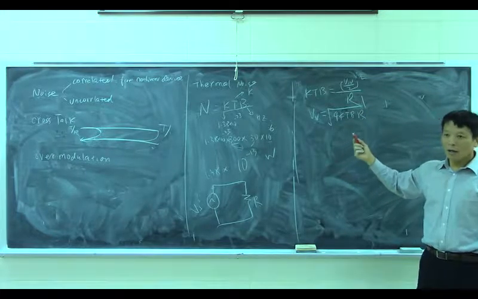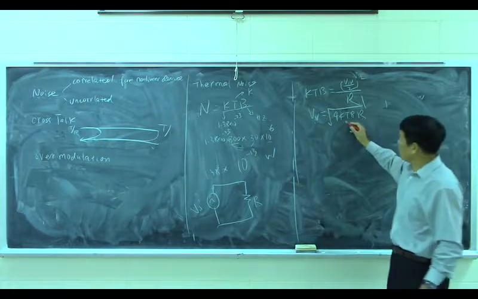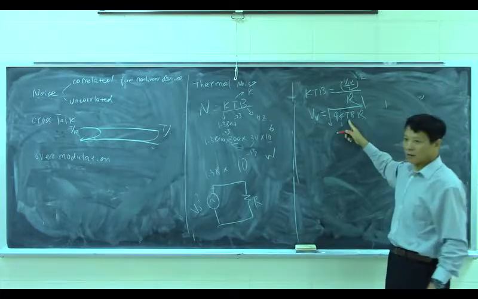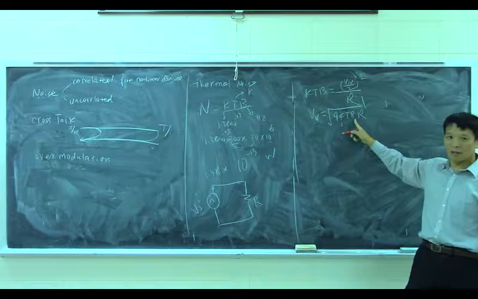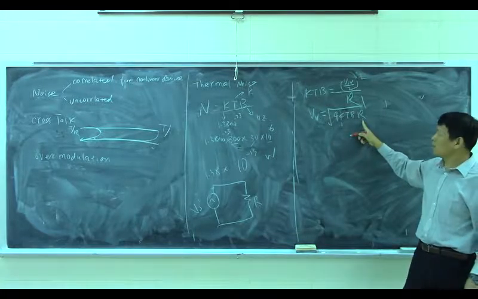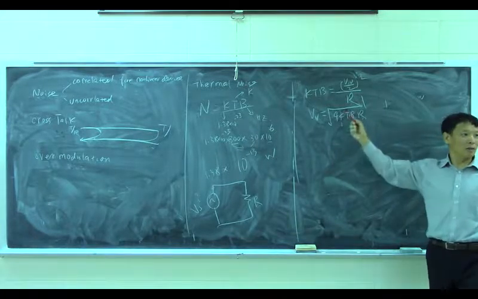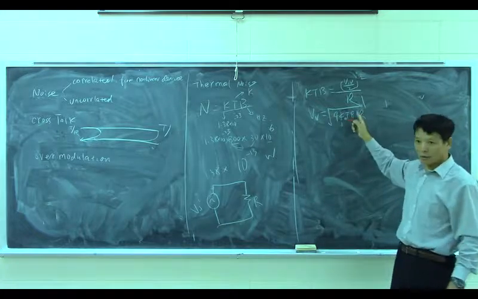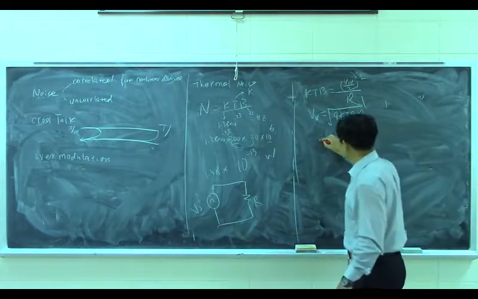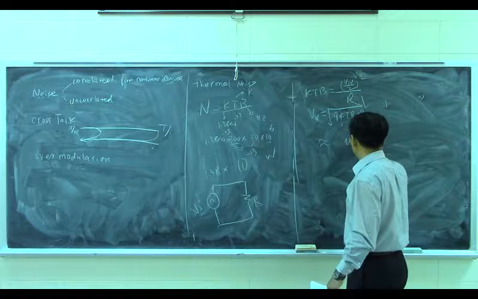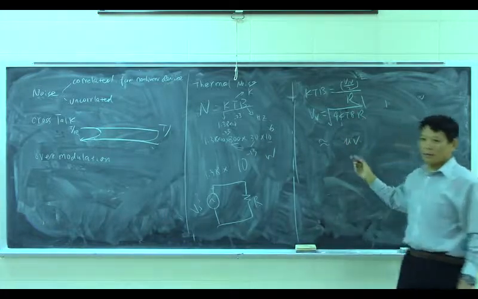If you plug in all these numbers, T equals 300, B equals 30 MHz, and R, for example, equals 100 ohm or something, then you take the square root. You are going to get about some microvolt or even millivolt.